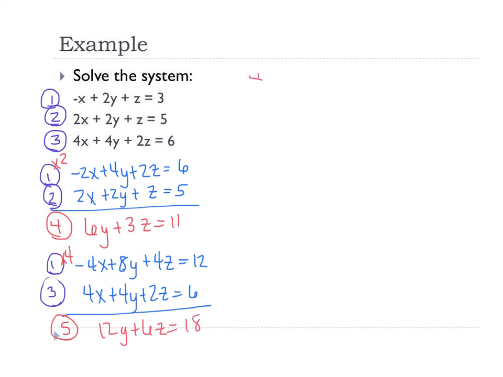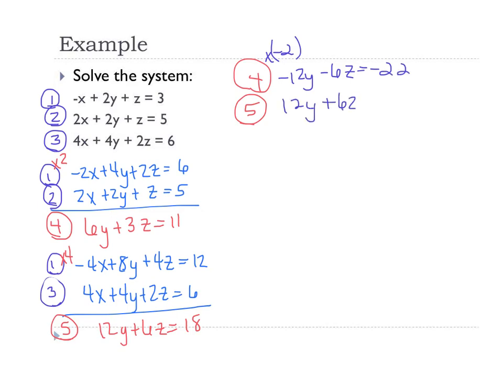So bring those together. We've got 4 and 5. And if you want to, you could say already, we're going to take this one times negative 2. And then we get negative 12y minus 6z equals negative 22. 12y plus 6z equals 18.